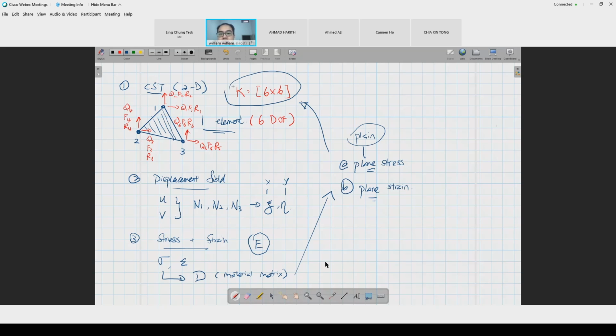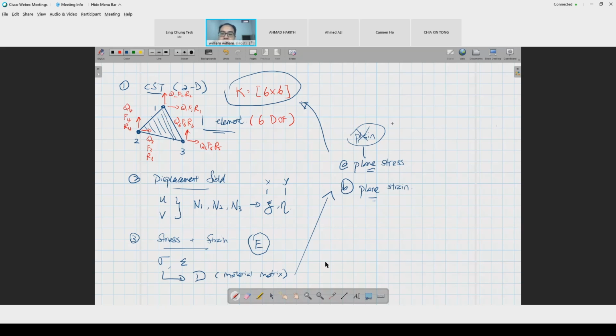So if you get the assumption wrong, your K will be wrong. So you need to first find out what the assumption is, whether it's plane stress or plane strain, when you read the question for CST. Once this is wrong, the K matrix will be wrong, everything will be wrong. So that is the danger of CST.